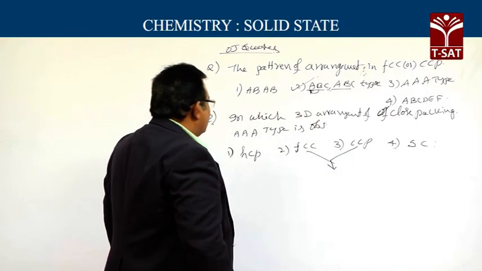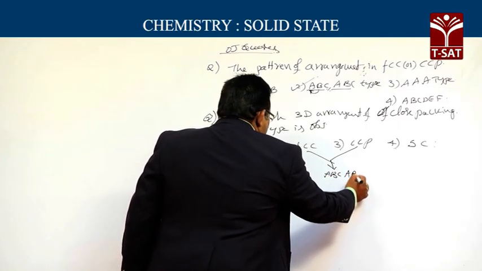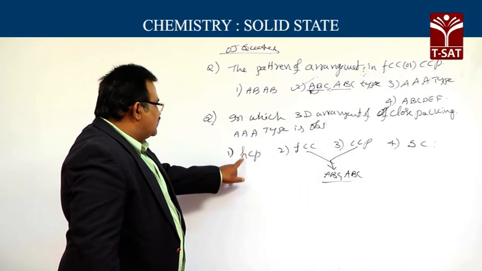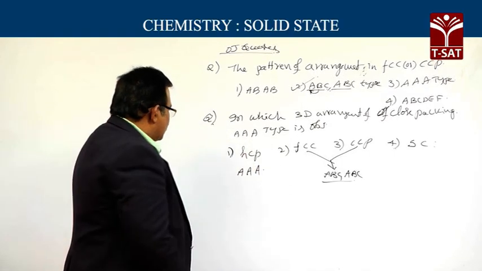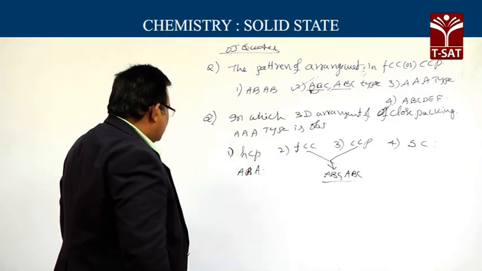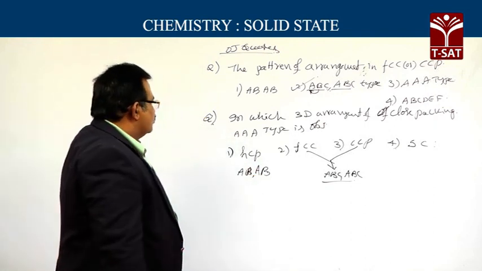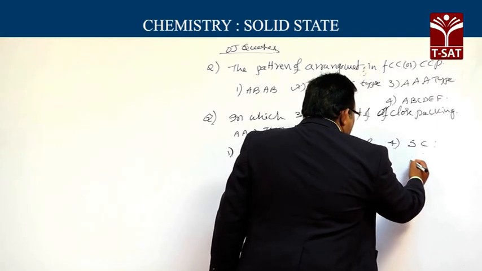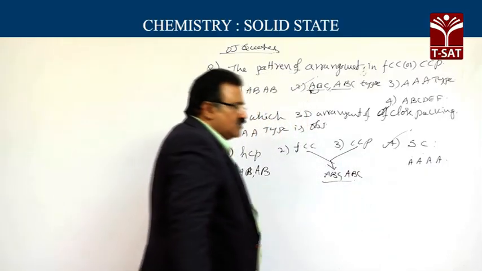These two are having ABC type of packing, whereas in HCP AB type of packing is present, whereas in simple cubic, that is primitive, A packing is present. So, answer is fourth option.